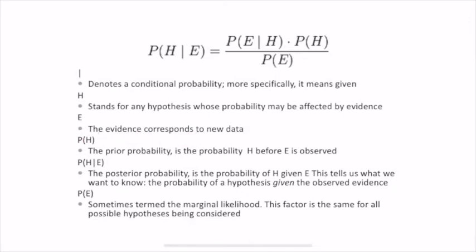Okay. And on the right side of the equation, you have the probability of H times the probability of E given H, okay? And just take a second and think through the implications of that. In other words, if H is true, how likely is it that E is also true?